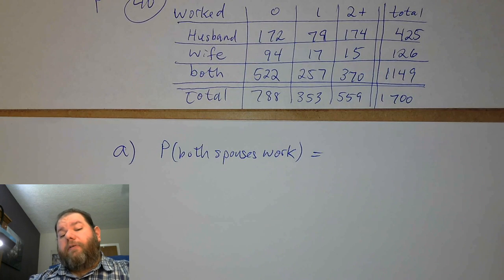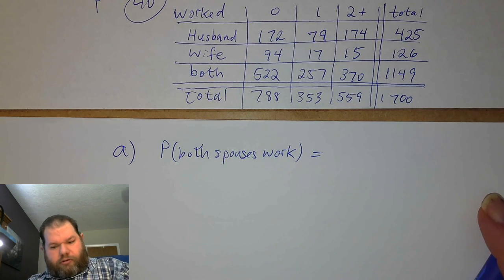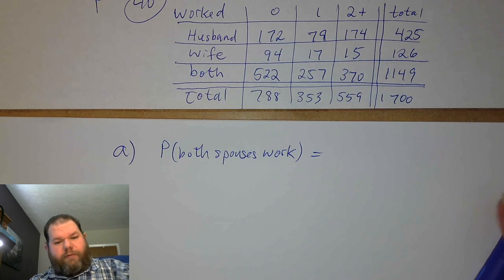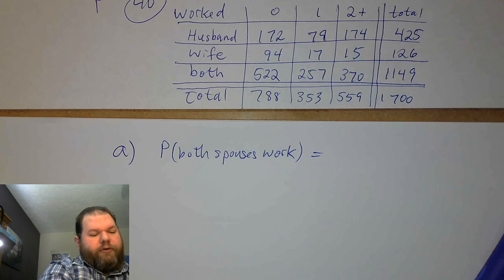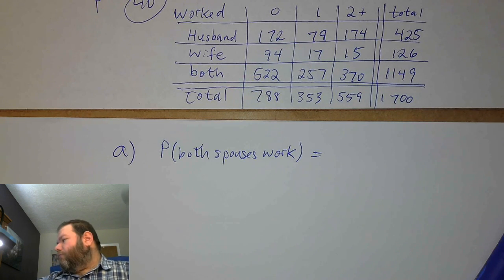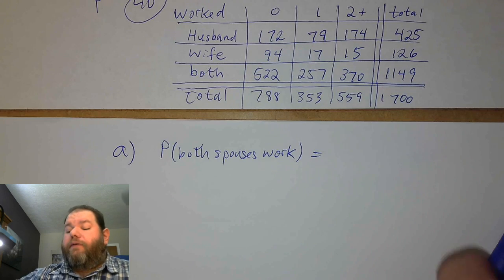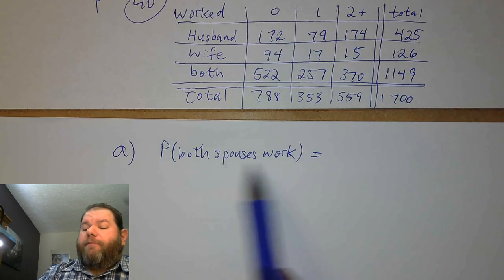So for how many spouses is that true out of how many total couples that we might choose from? The main thing here is being able to read the table. The probability of both spouses work.